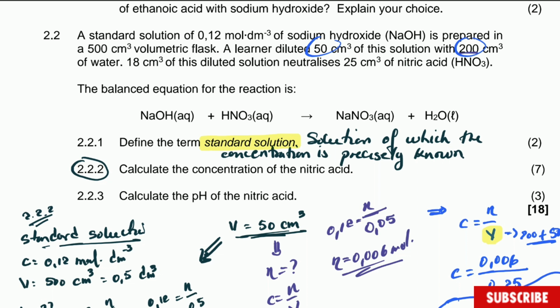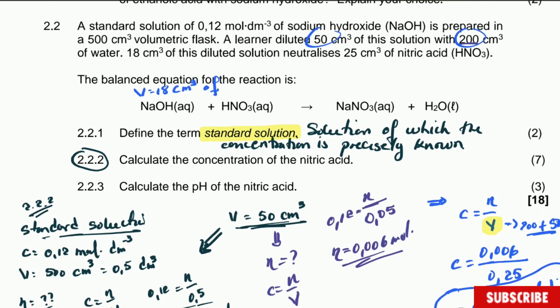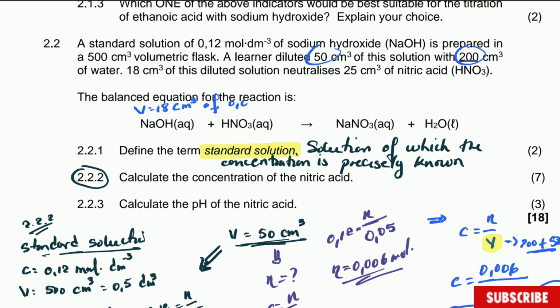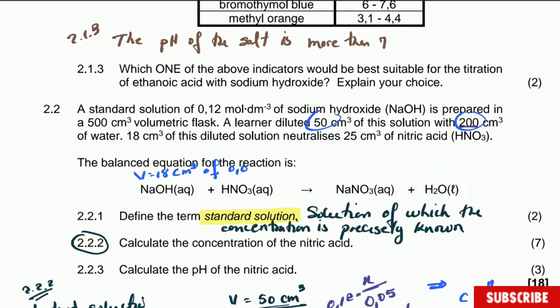So the amount that was actually used of that specific solution for the standard one, which is the sodium hydroxide, the volume used here was 18 cubic centimeter of this concentration, which is 0.024.